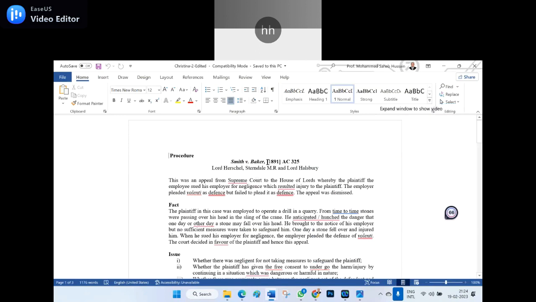Here, Supreme Court, which I highlighted there. Can you tell me the court name there? A Supreme Court of the House of Lords.